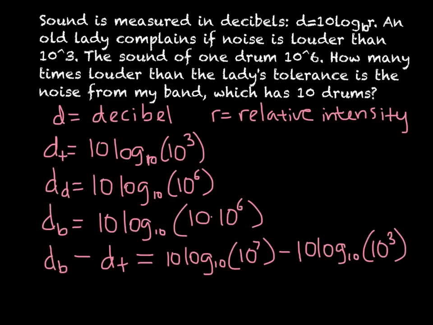And so using my properties of logarithms, I can rewrite this as 7, and I can rewrite this part as 3. So what I end up with is 10 times 7 minus 10 times 3, or just 40. So my band is 40 decibels louder than the lady can tolerate. So I'm going to have an angry old lady knocking on my door.